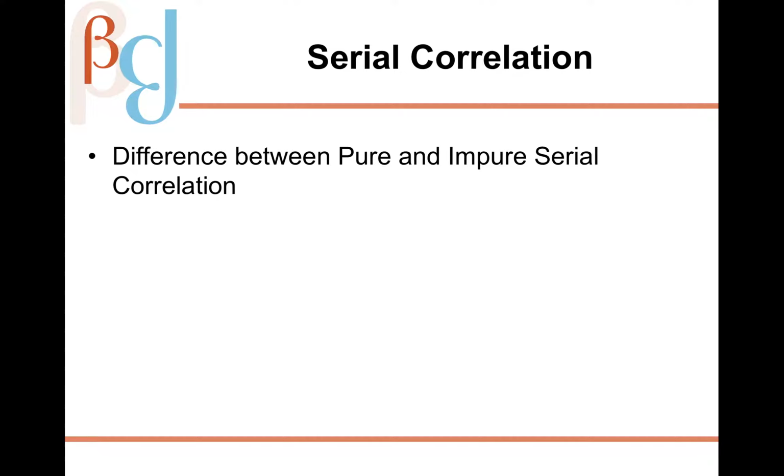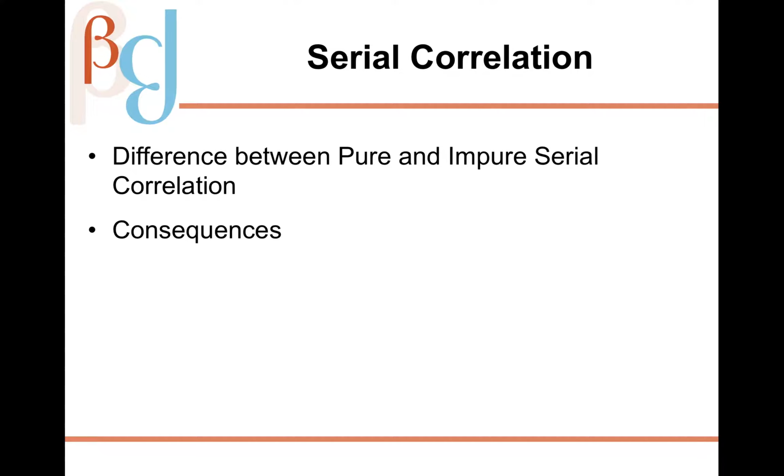Impure correlation has to do with us making a mistake about what kind of functional form we're going to choose for a model. That is, if we make a mistake, even with cross-section data, in the kind of function that the variables are related, a problem of serial correlation might pop up even when it doesn't actually exist.